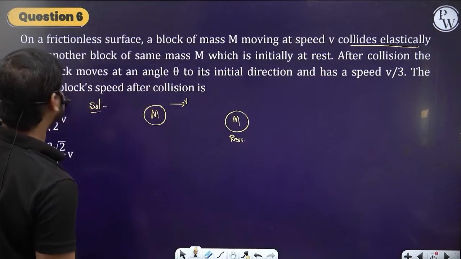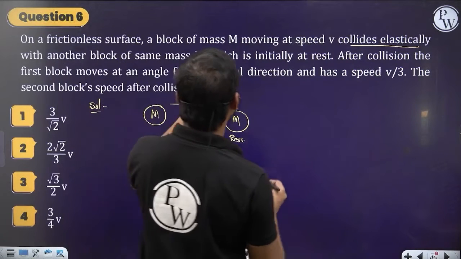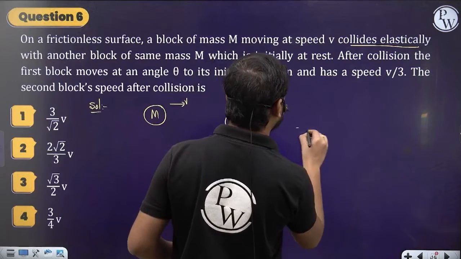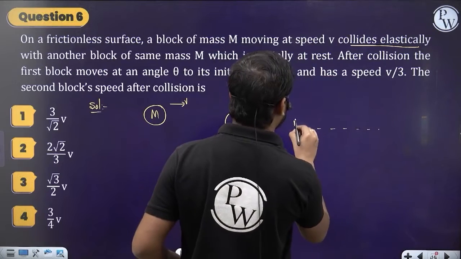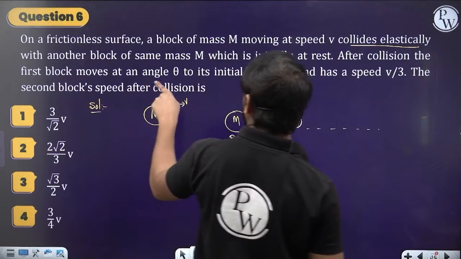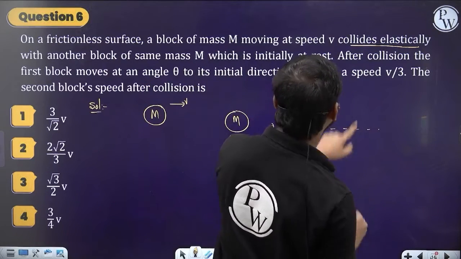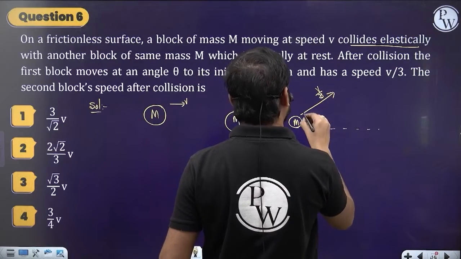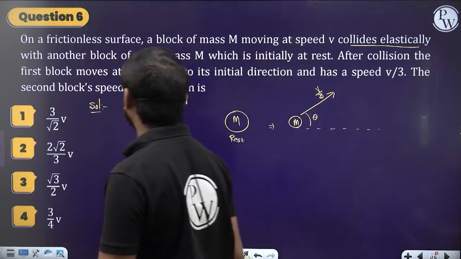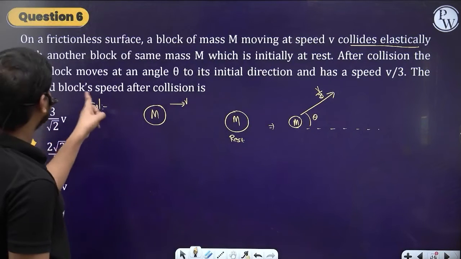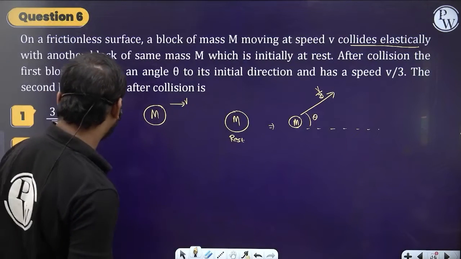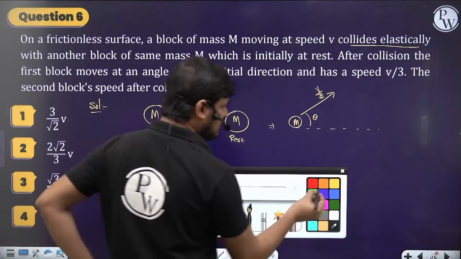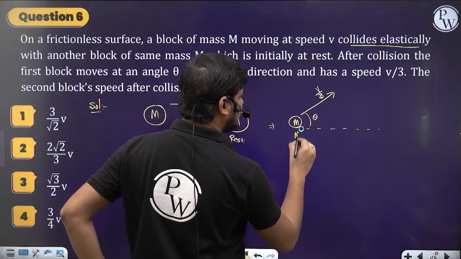After the collision, the first block moves at an angle theta to its initial direction. So this is the initial direction. The first block, of capital M, moves at an angle theta with a speed v by 3, at an angle theta to the original direction. Now the second block's speed after collision: let the second block have mass m again.